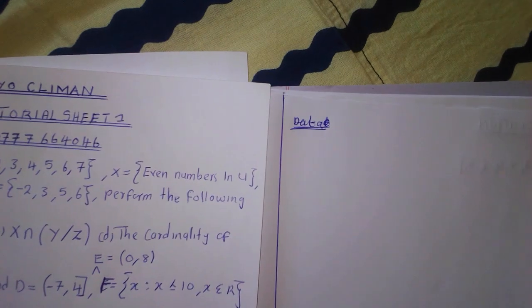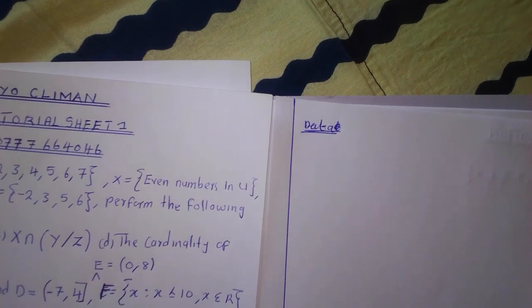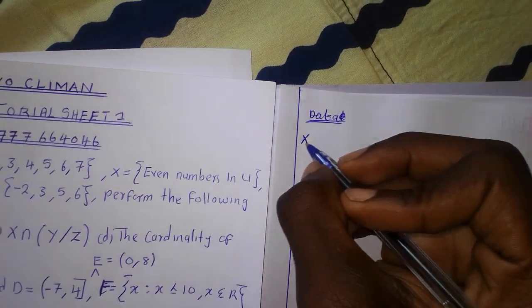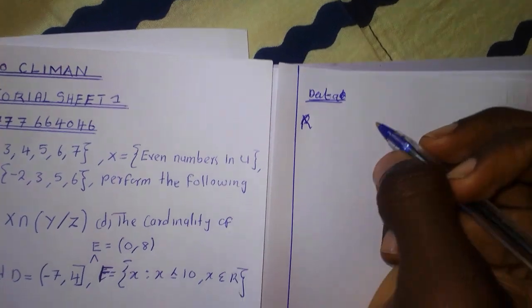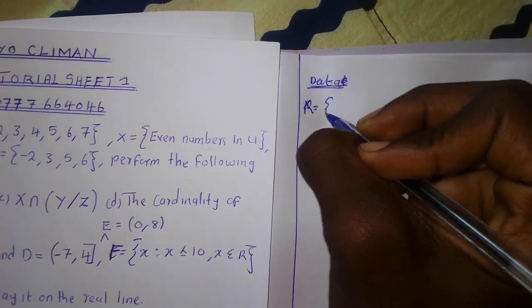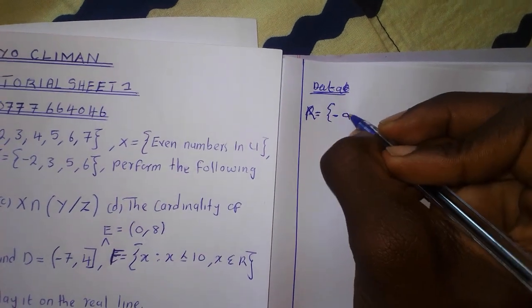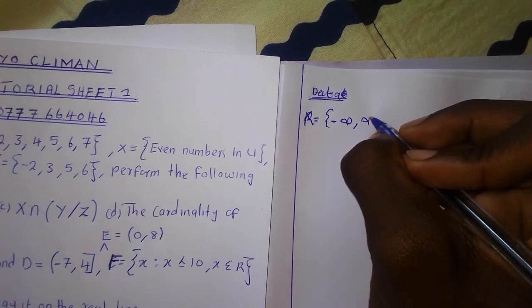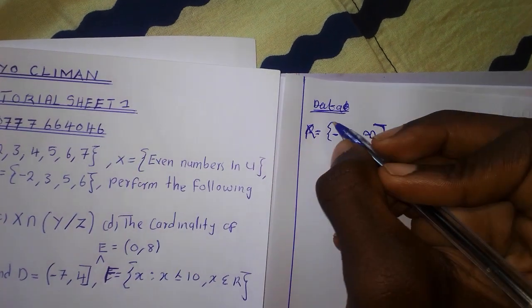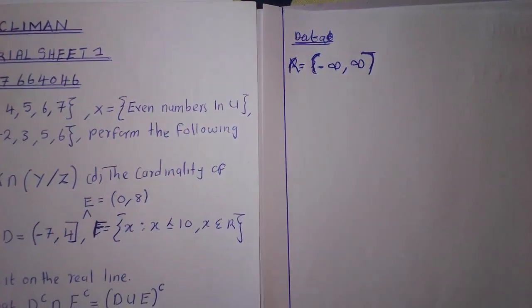Then we can simply say, since X seems to be the entire set, we can simply say that X, R, which happens to be all real numbers, is going to move from some point where we have negative infinity to some point where we're going to have positive infinity like this. Use these brackets.